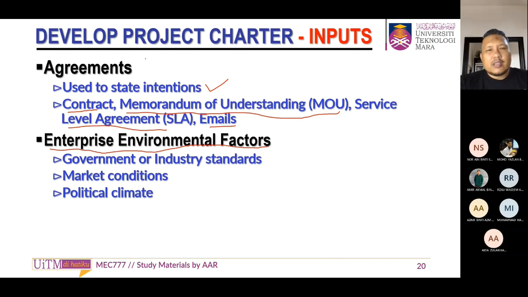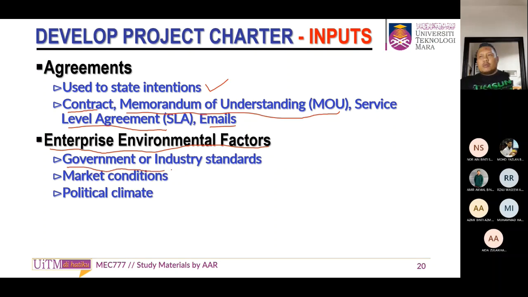So the contract, what is written in the contract, for example. All this we must consider when we do it. And then enterprise environmental factors, there are a lot, but we choose only three here for developing this project charter. The inputs that we need are the governance and industrial standards.